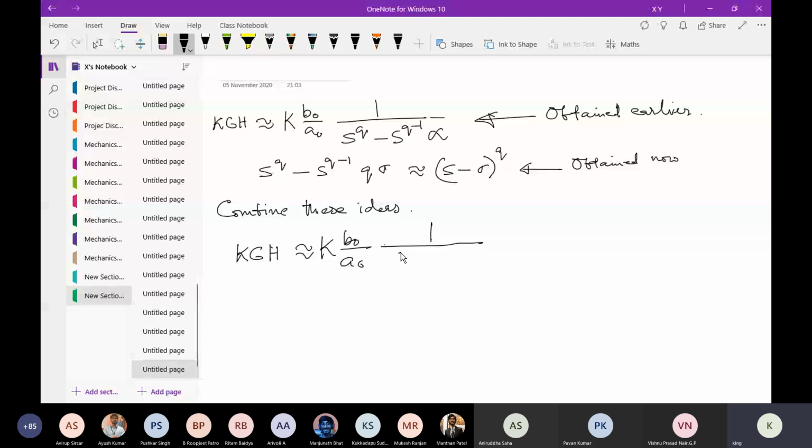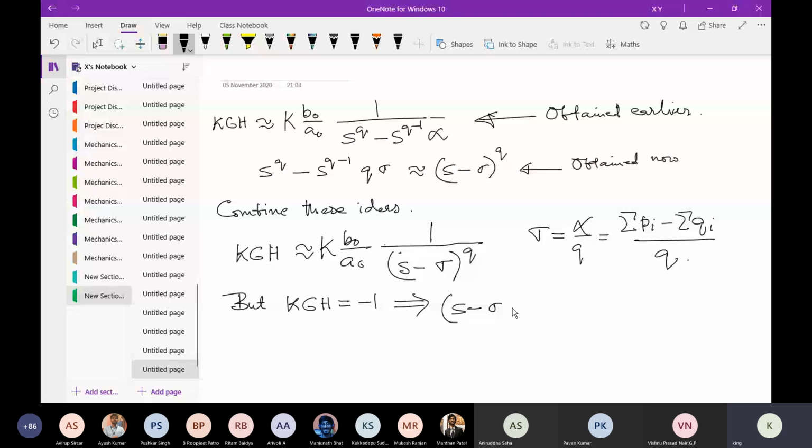You are going to get S minus, we can write this as, our sigma is now alpha by q, but we have, which will give me, I'm jumping a few simple steps out here.